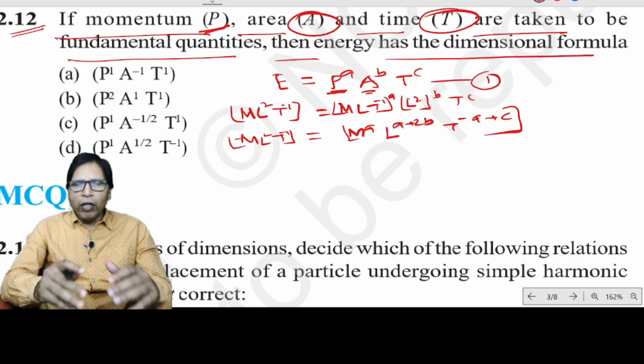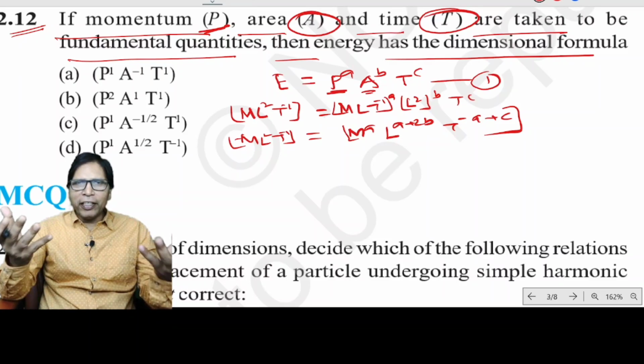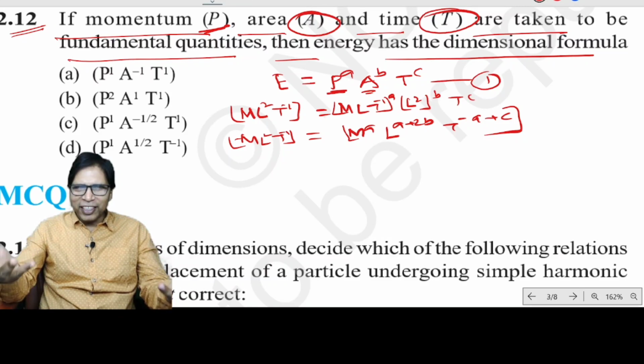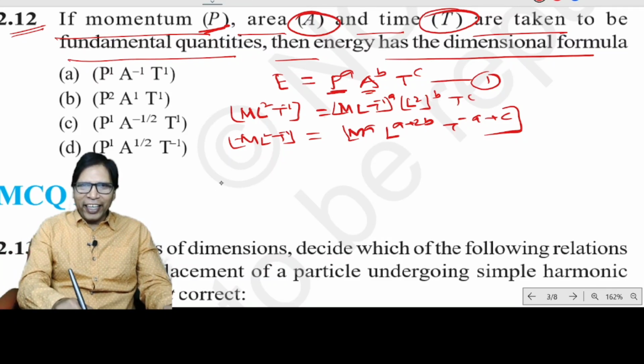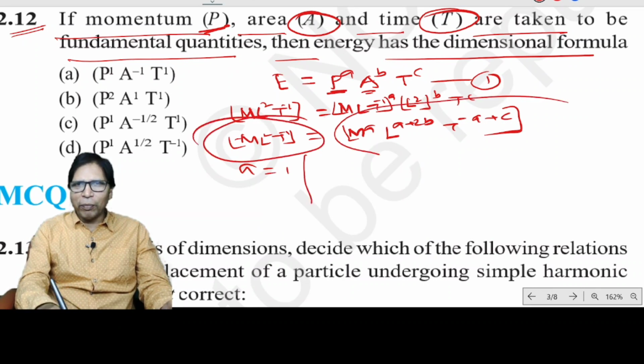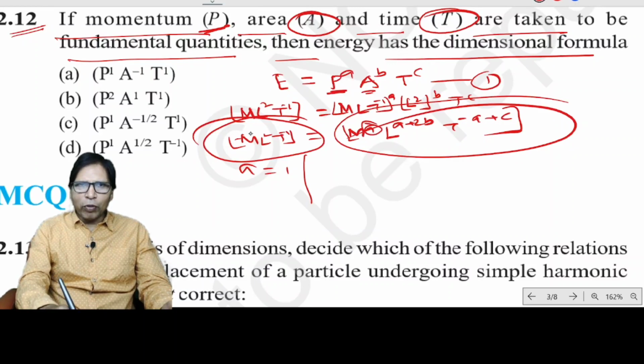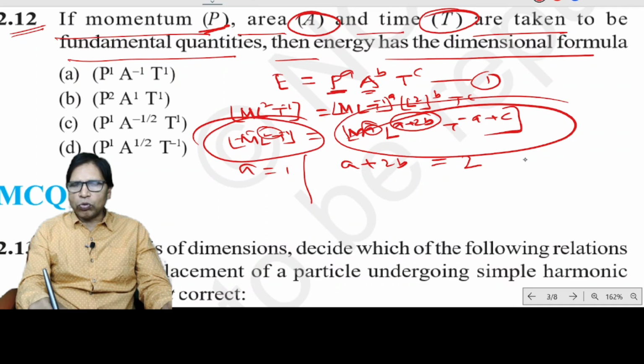Okay. Now applying the principle of dimensional homogeneity, we can get, look at this, A equal to 1 because dimension of LHS equal to dimension of RHS. So power of M equal to power of M, power of L equals to power of L. Now A plus 2B, this equal to 2.